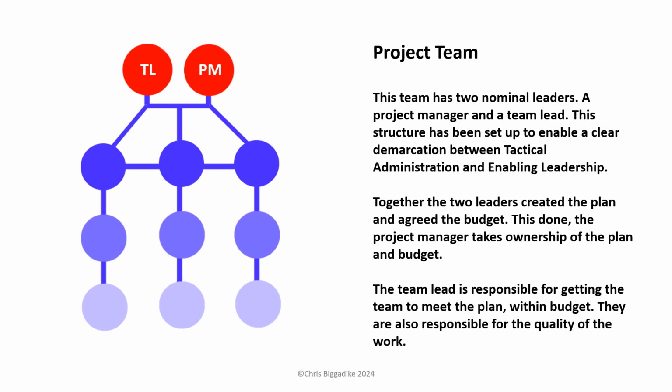Together, the two leaders created the plan and agreed the budget. This done, the project manager takes ownership of the plan and budget. The team lead is responsible for getting the team to meet the plan within the budget. They're also responsible for the quality of the work.